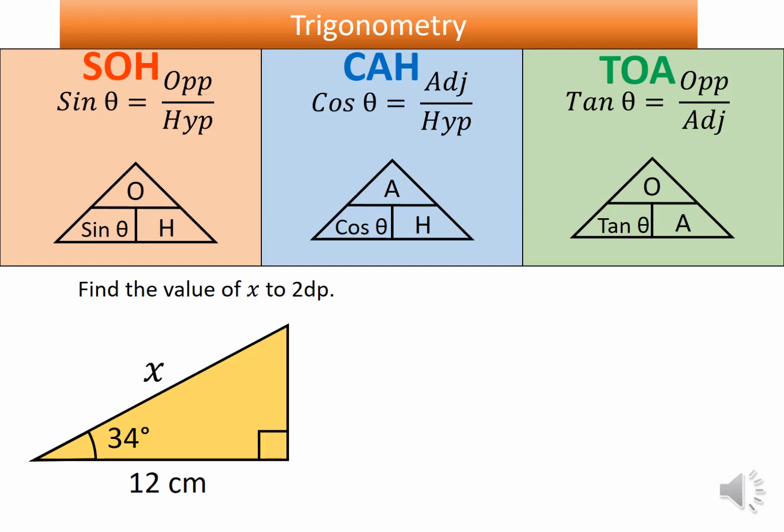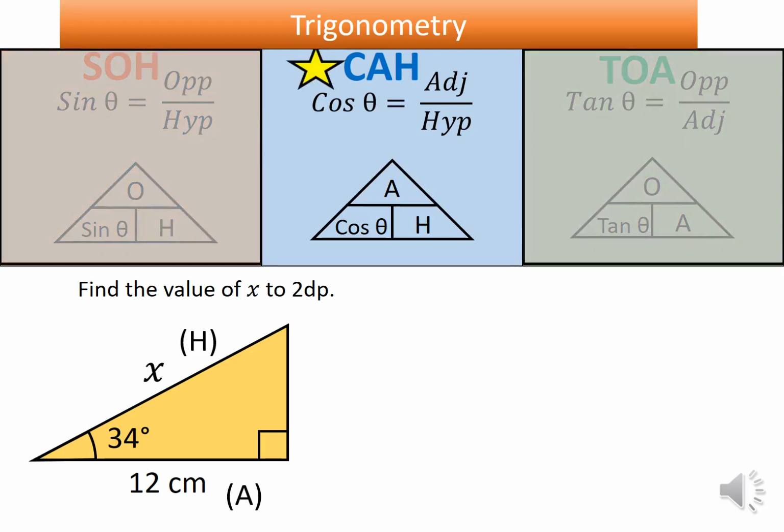It's very important you can identify what's given in the question. So I know that x, because it's opposite the right angle, is my hypotenuse. And I know that 12, because it's right next to the angle, is the adjacent. So I need the ratio that involves hypotenuse and the adjacent. So I can see that that ratio is cosine.